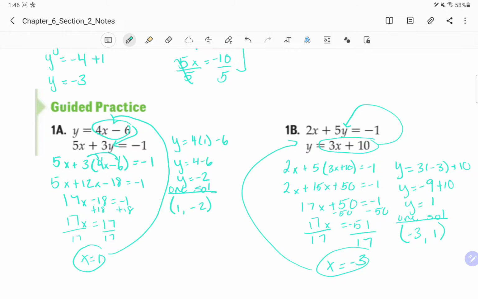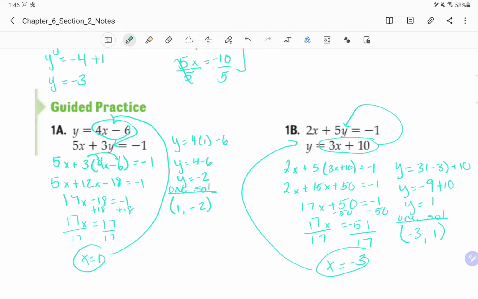Okay, so for 1A, you would plug in the 4x minus 6 for y, so you'll end up with 5x plus 3 times, in parentheses, because all of that is going in for just y. So it's times 4x minus 6 is equal to 1. So when you do that, you have to distribute your 3 in, and that'll become 12x minus 18.